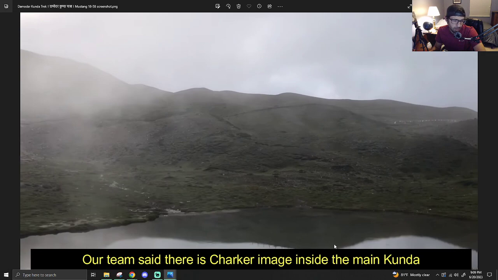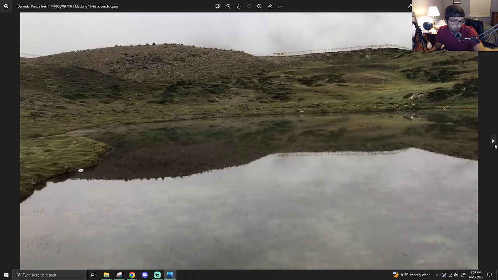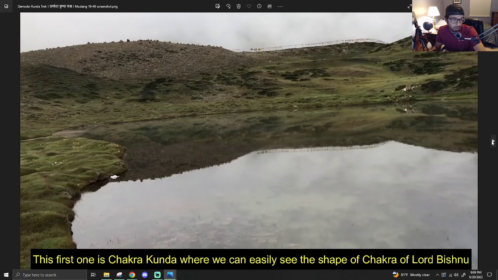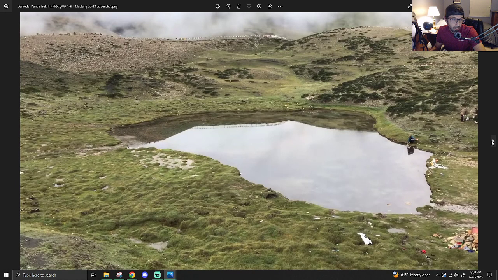Our team said there's a chakra image inside the main Kunda. This first one is Chakra Kunda, where we can easily see the shape of the chakra of Lord Vishnu, I guess.